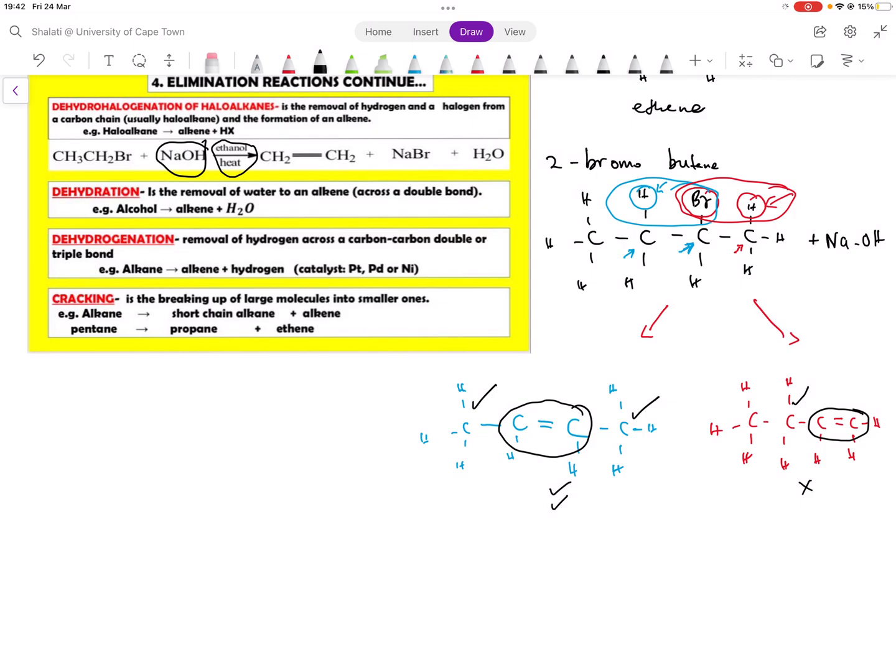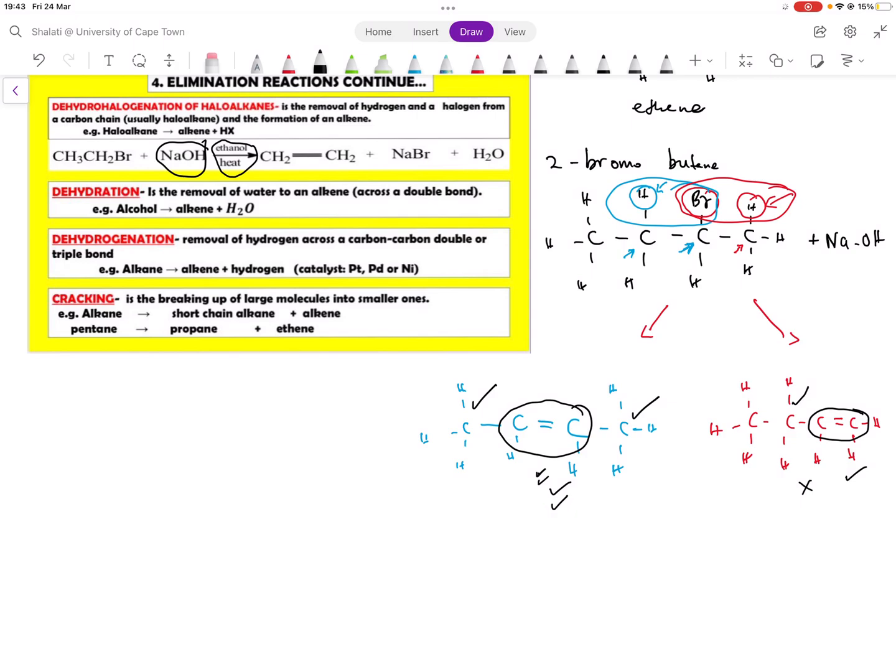The other way that you can think about this kind of situation is that we always prefer secondary alkenes over primary alkenes, so this one will be primary, this one is a secondary, and then if we have a tertiary, we'll prefer a tertiary one over the secondary one.